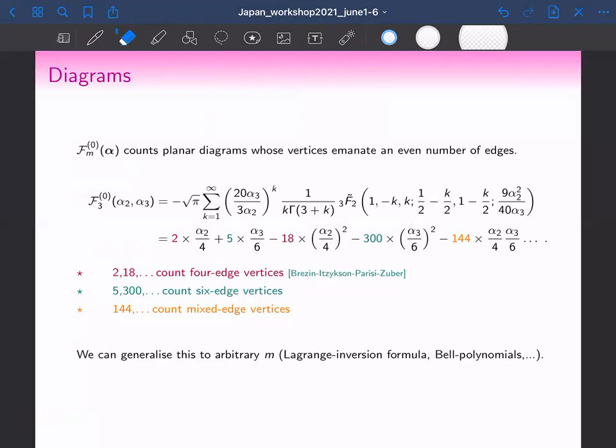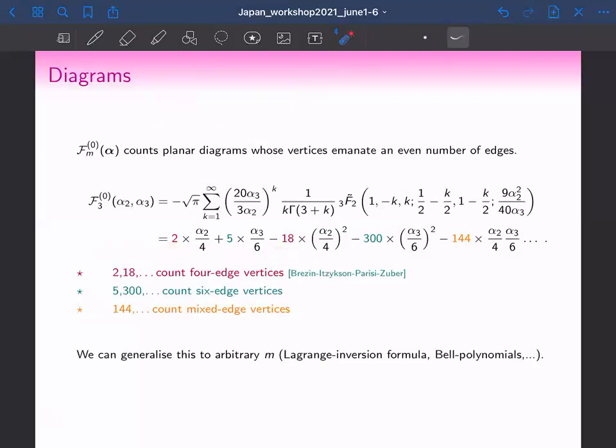If you go close to the origin in coupling space, where the couplings are very small, we can perform a perturbative expansion. Defining the free energy F as minus the log of the matrix integral, F also counts connected diagrams, but it generalizes the quartic matrix integral, because in the quartic case we only had these numbers 2 and 18 over here.